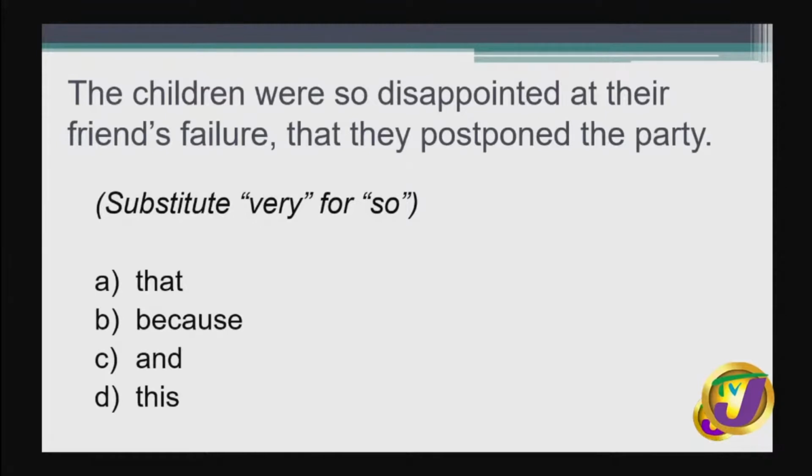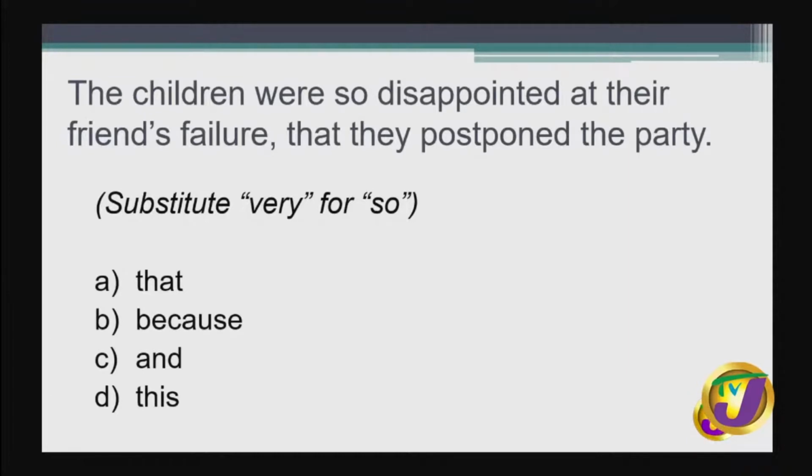The children were so disappointed at their friend's failure that they postponed the party. So if you're going to kick out so and put in very, you're going to have to say the children were very disappointed at their friend's failure. So what next? How are you going to adjust that last part that says that they postponed the party?